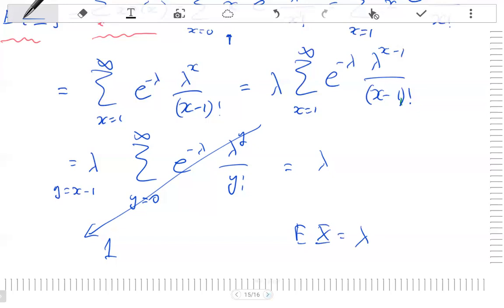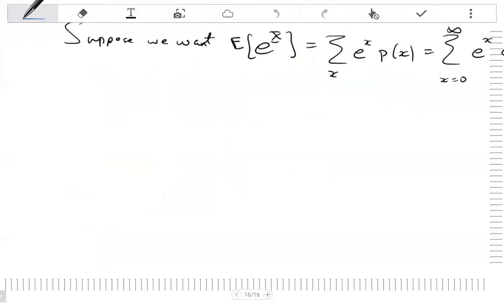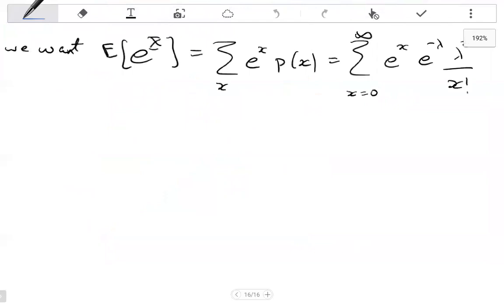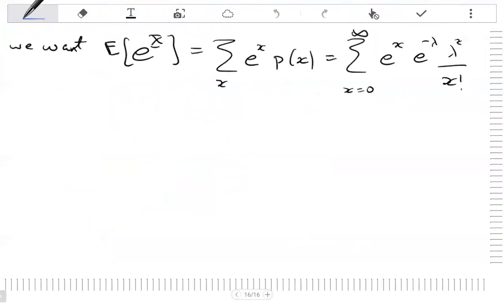To show you a slightly more powerful case, suppose we want to compute the expected value of e to the power X, where X is Poisson. Then again, this is the sum over all x's of e to the power x times p of x. Let's rewrite this.